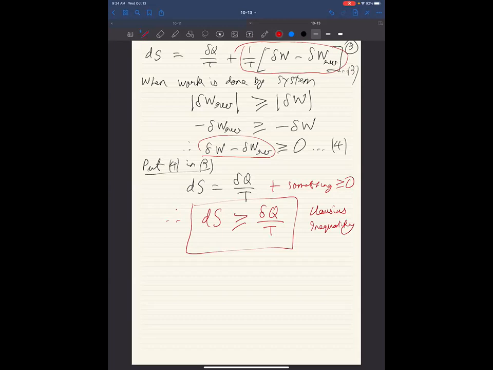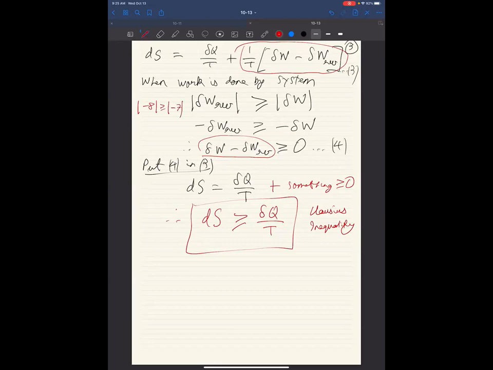Go ahead. For your inequality, right below the absolute values, one of the negatives is not strictly true, because if it has a greater magnitude, then the negative value would be lower than the corresponding value. But delta W reversible is negative. So I'm saying modulus of -8 is more than or equal to modulus of -7.